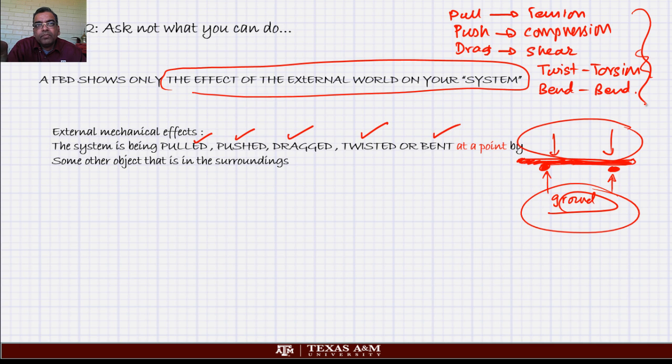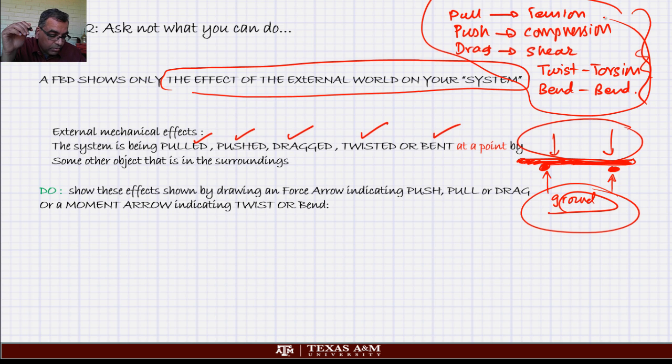See what I mean? So these are the 5 things. Okay, so if we know how to convert the external world into one of these things or combinations of these things, you are done. Okay, so we draw these effects by drawing arrows. I showed you some arrows. We will get into more detail. I'm just giving you the big picture here.